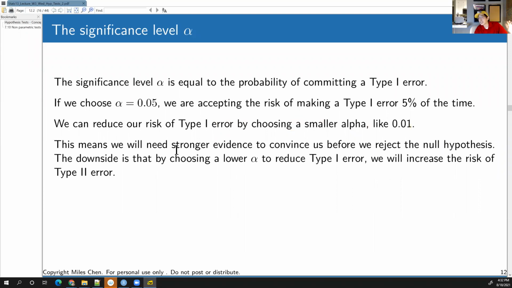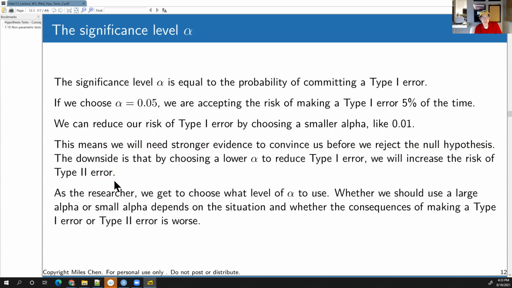I don't want to just reject someone just because they're having a bad day or something like that, right? I need stronger evidence to convince me before I'm going to reject this person, reject the null hypothesis, right? And so the downside of that is that you're going to be committing type 2 error a lot more. You're going to be hanging out with people that just weren't that great to begin with a lot longer, for you to realize, okay, should have rejected this person a long time ago, okay?